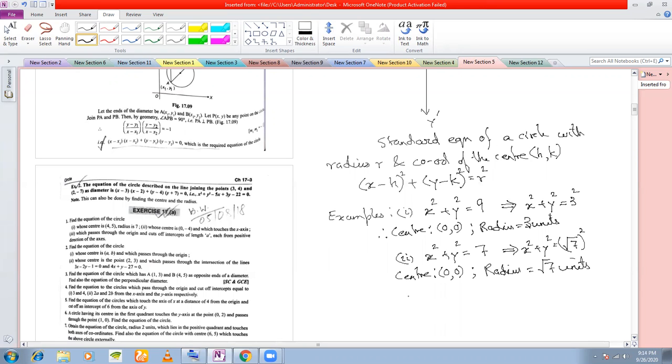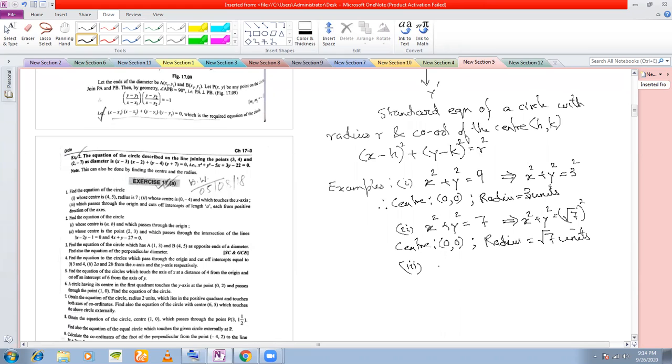Okay. Next, if I give you the equation of a circle, what is the center and radius of this circle?